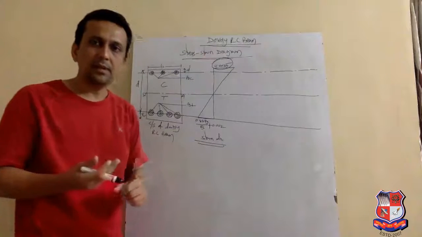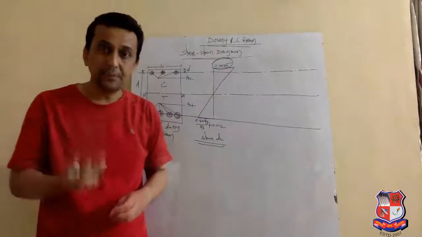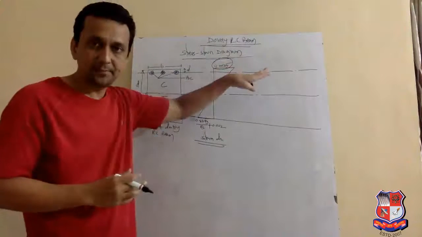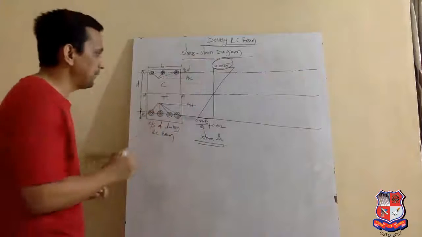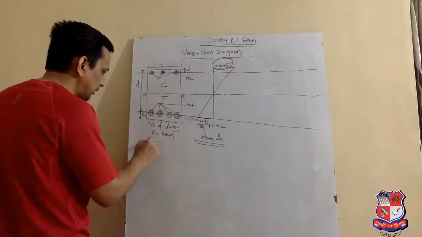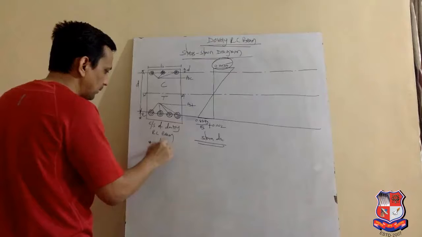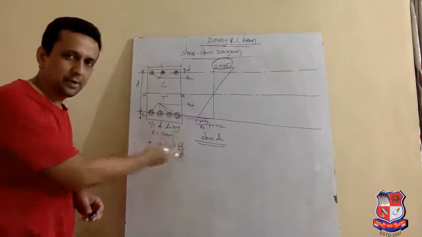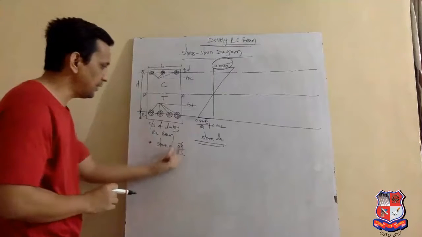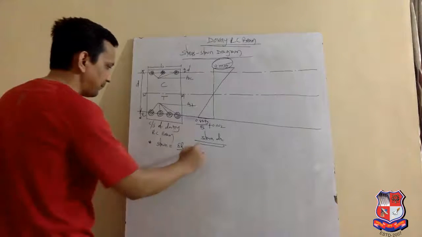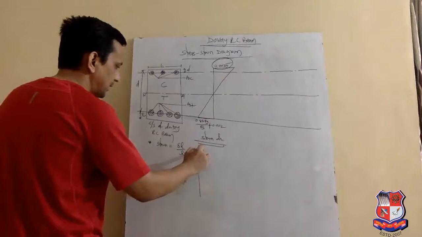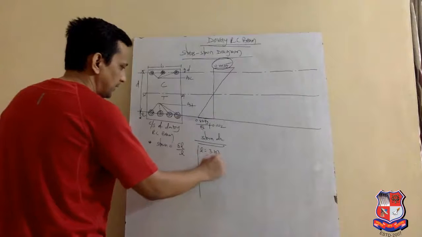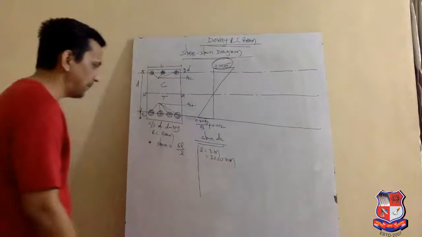Now again, it is quite difficult to visualize the failure of a beam in terms of strain, right? So let me simplify this. We know that strain is equal to delta L upon L. Suppose the length of the beam is 3 meter, so obviously 3000 mm.